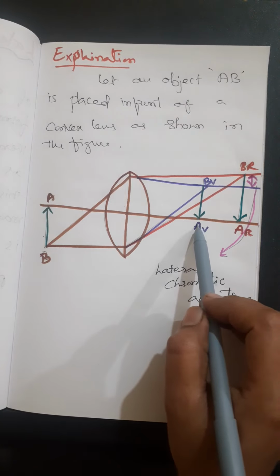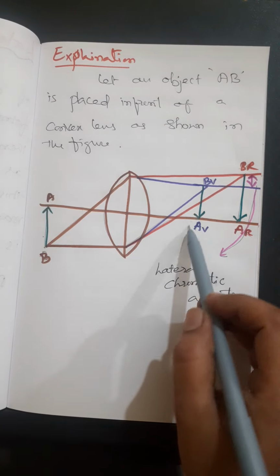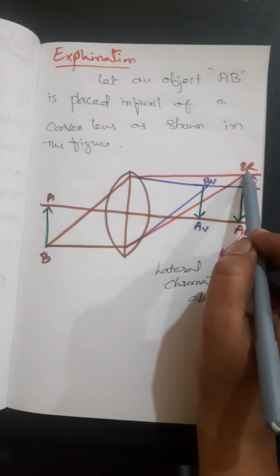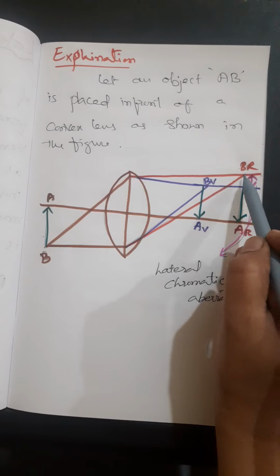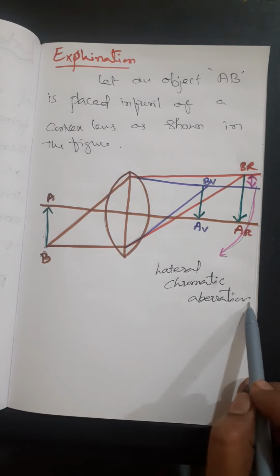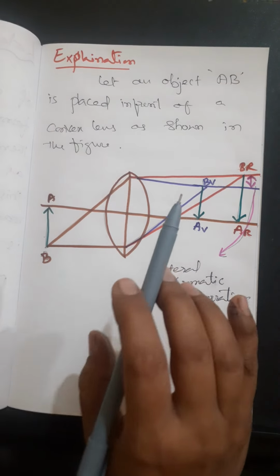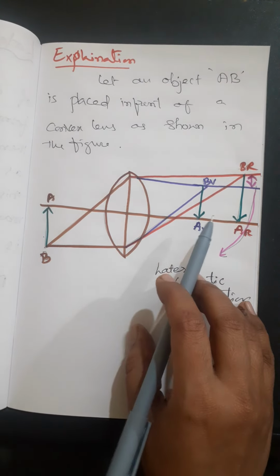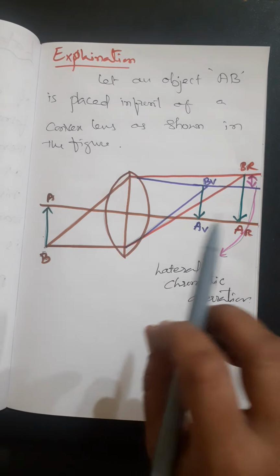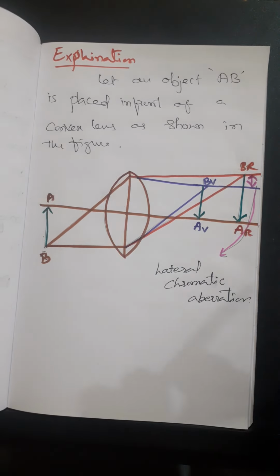That is, the AvBv size is less than the ArBr image size. The difference between those two images is nothing but lateral chromatic aberration. So lateral chromatic aberration depends upon the sizes, whereas in longitudinal chromatic aberration only a point image is formed.